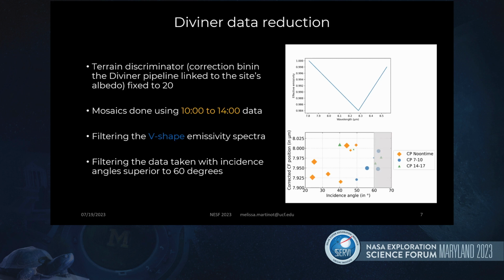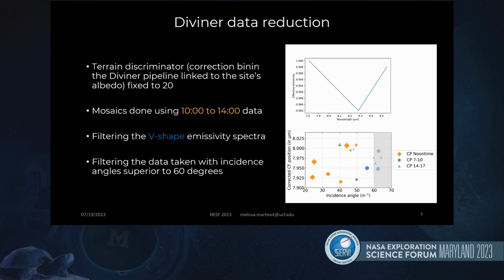Another thing that we do is look at the emissivity spectrum and its shape. Here is an example of a V shape, which is a big no-no. We don't want that because it biases the resulting CF position, so we filter them out. The last thing we do is filter out incidence angles that are superior to 60 degrees.